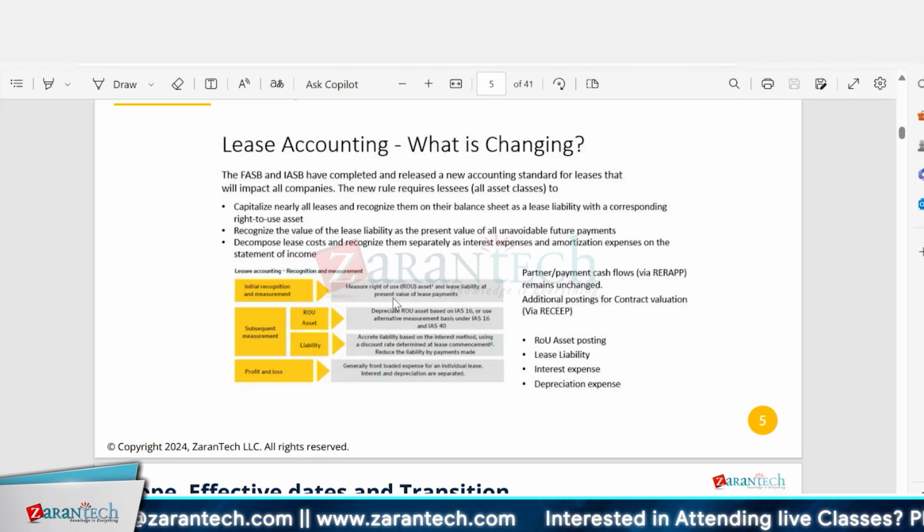Now I have a contract of 10 years. What will be the contract value? 1 crore 20 lakhs. That should be my contract value, right?